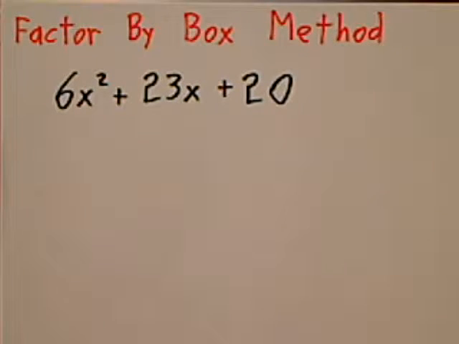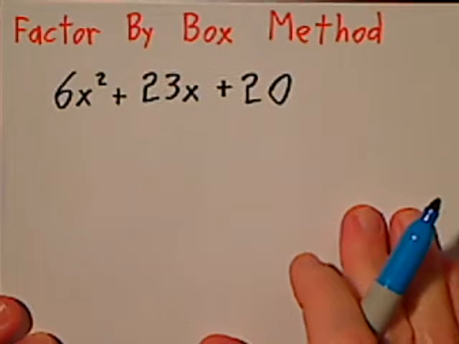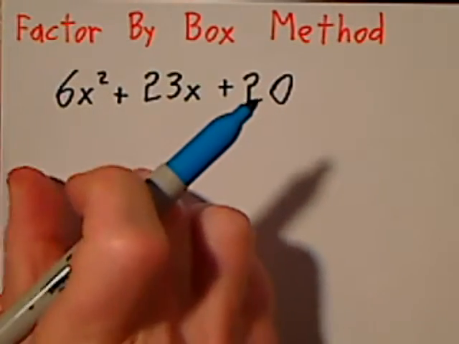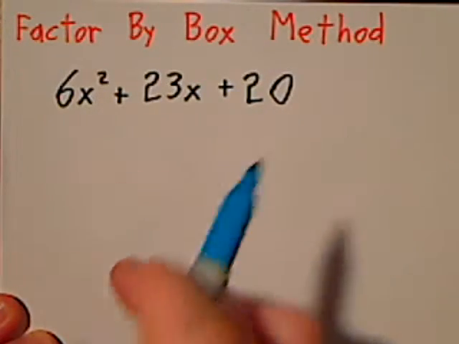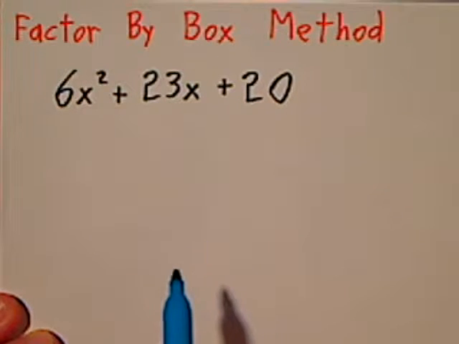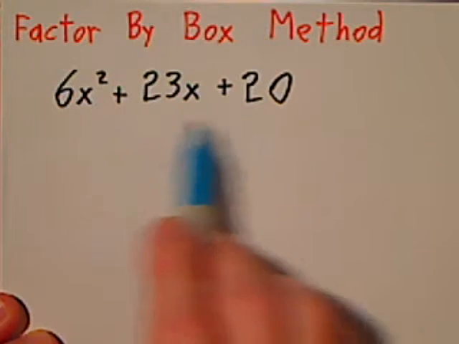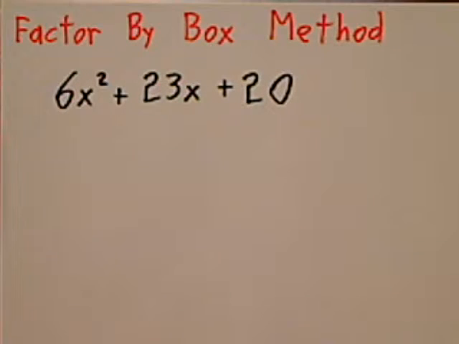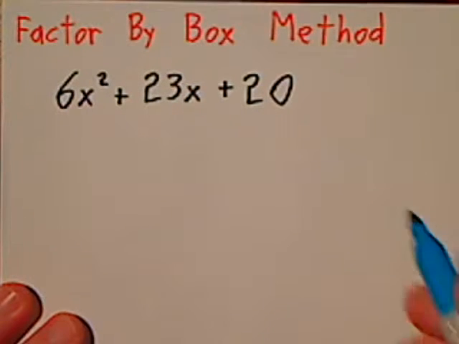So when we say factor, we're trying to get these 3 terms that are being added into basically 2 sets of parentheses. Sometimes it's a little more involved, but you're trying to turn 3 things that are being added into usually 2 things that are being multiplied.